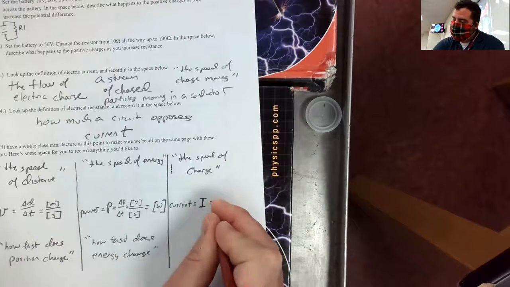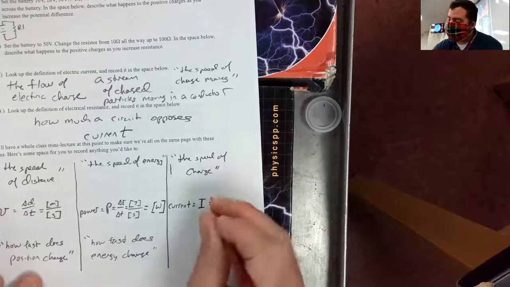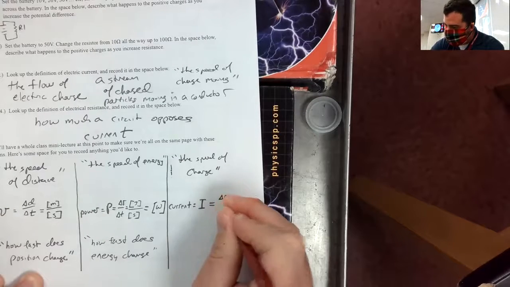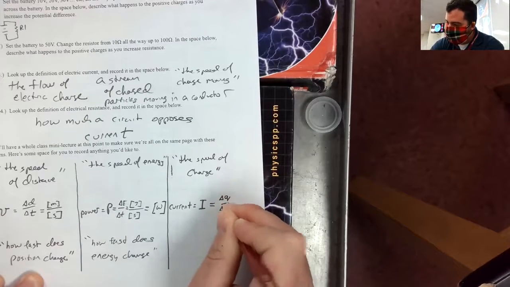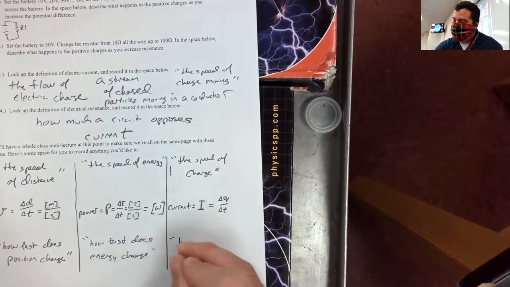And current is going to be just like velocity was the change in distance over the change in time, and power is the change in energy over the change in time. Current is going to be the change in charge over the change in time. And this is how fast does charge move.